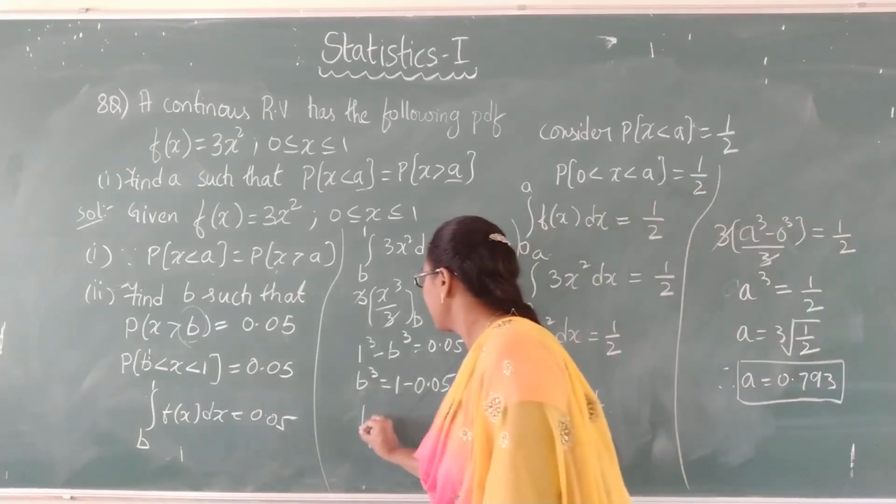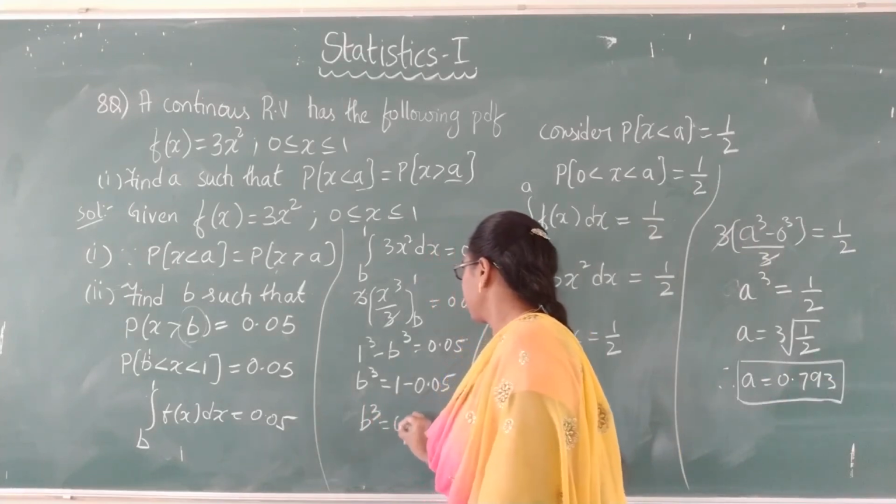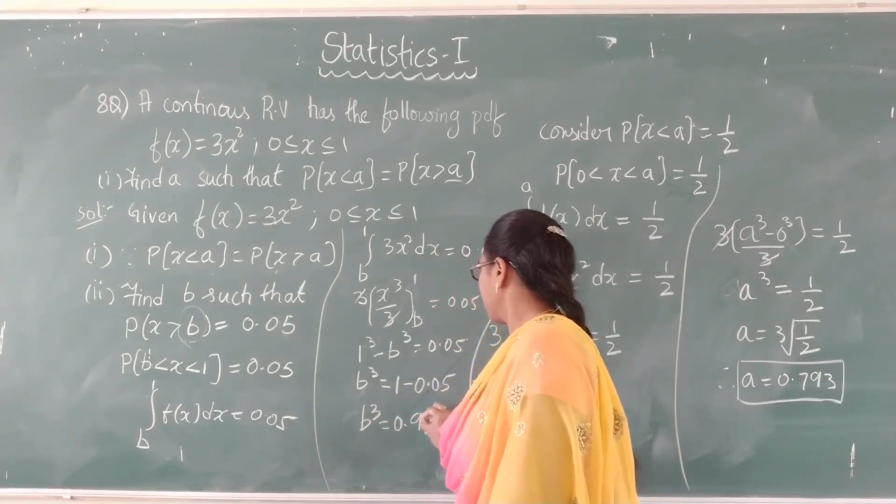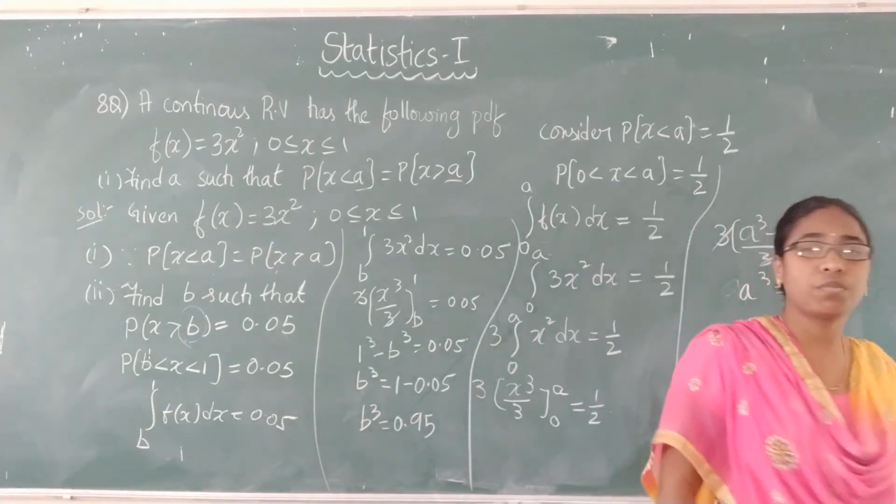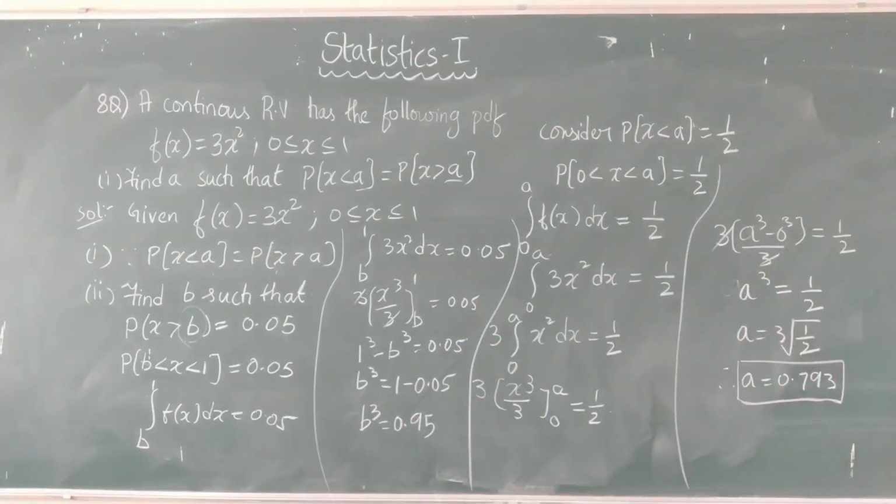So from this, find out the b value. How will you get it? Cube root of 0.95. You will get the required b value. So practice all the problems carefully.